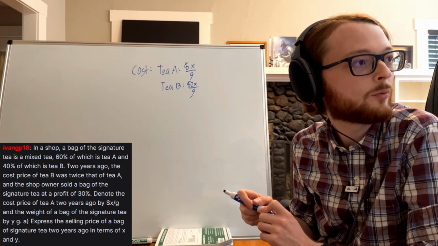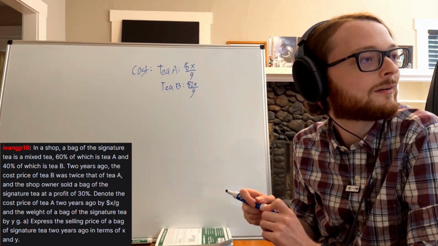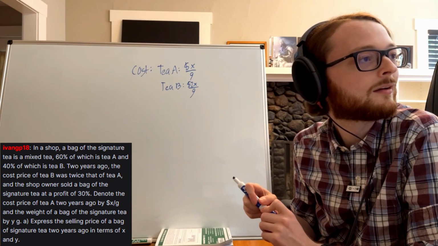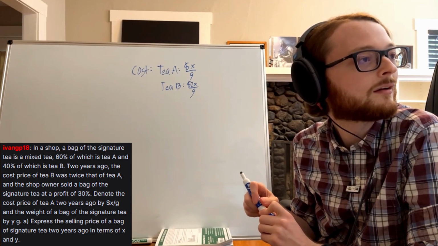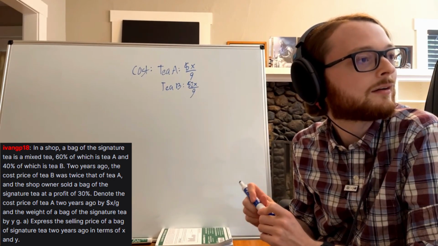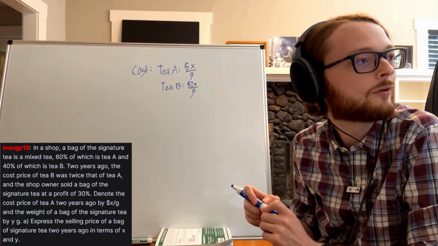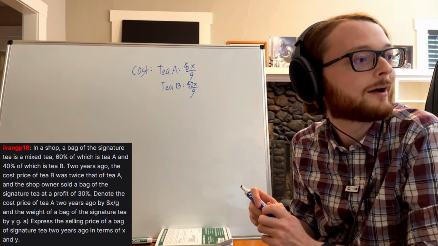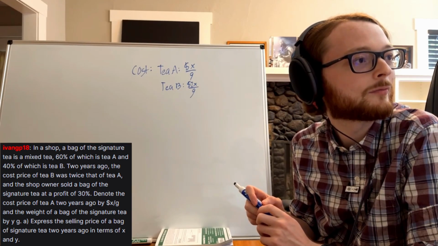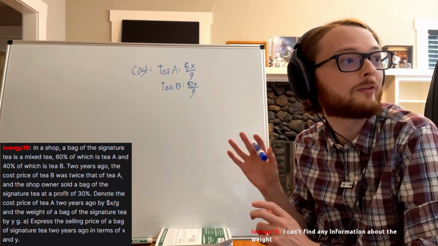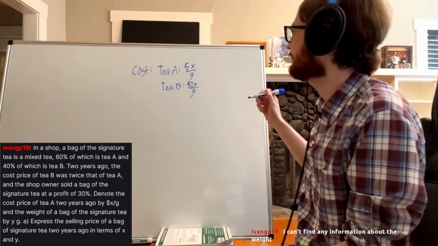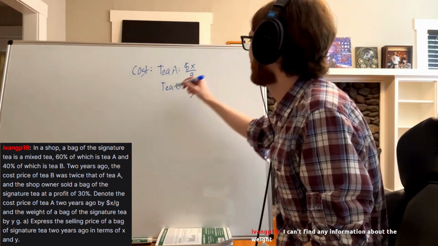Do they say how much a tea bag weighs? I guess, do we do the cost in terms of? Oh yeah, it's Y. Okay, they say the total weight of the signature tea is Y. So let's write that down.